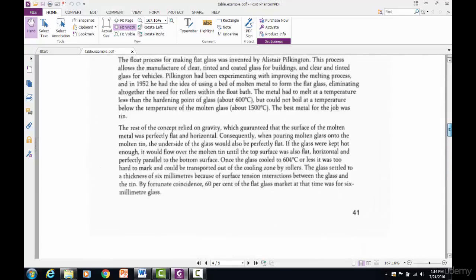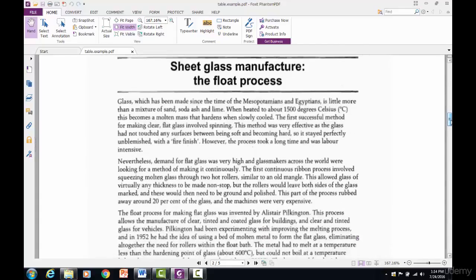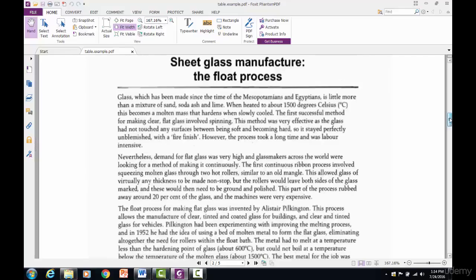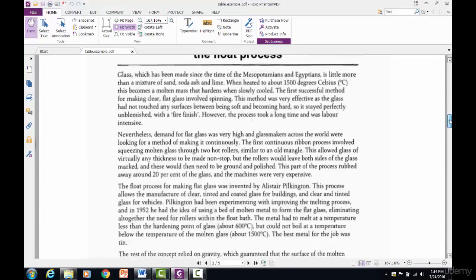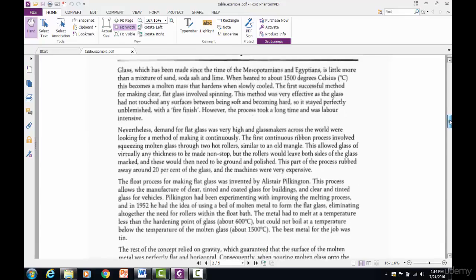See if we can find the word ribbon. Start at the very beginning. We see they're starting off with Mesopotamia and the Egyptians, so they're starting off really early. Oh, wow.